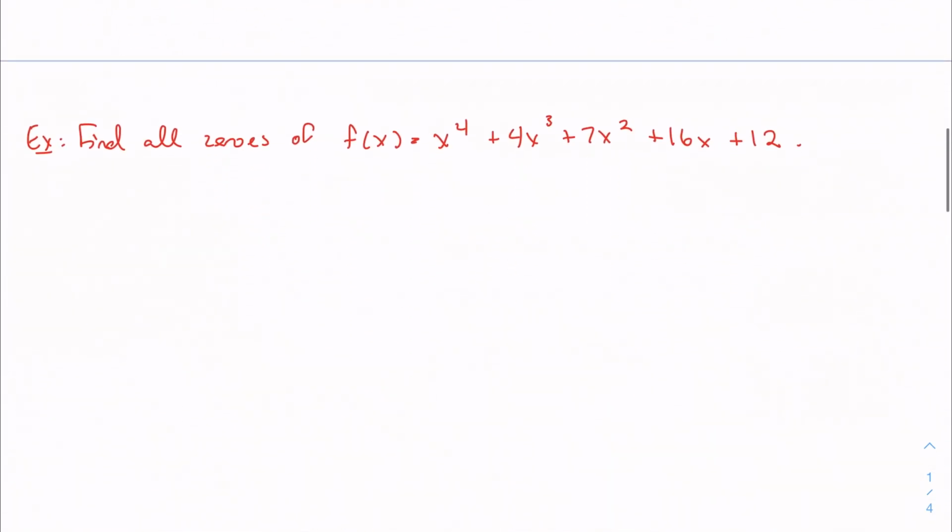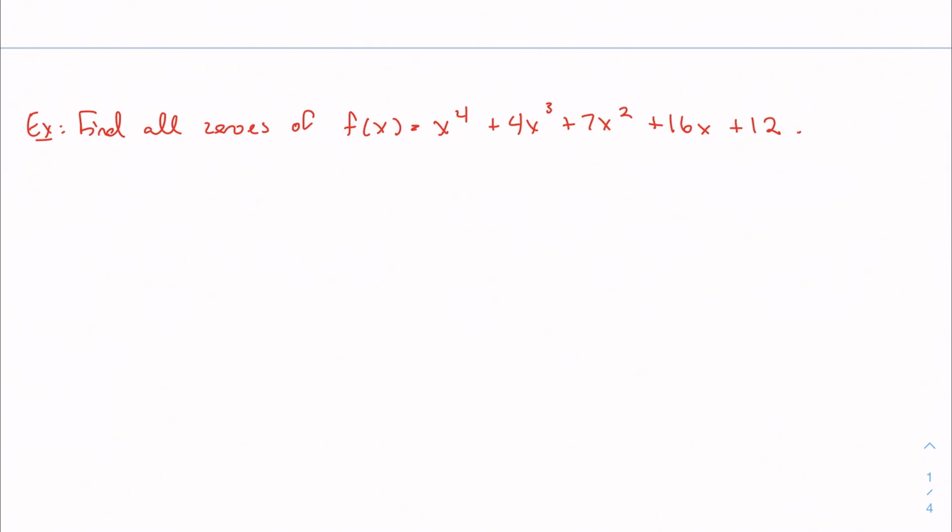So let's try one more. One's a little bit bigger, but the process is going to be the same. Find all the zeros of this polynomial here. All right, well, I'm going to start the same way, right? I should still begin with my rational zero test, so I need my p and q. So my p, the constant, factors of 12. I like to be methodical, right?